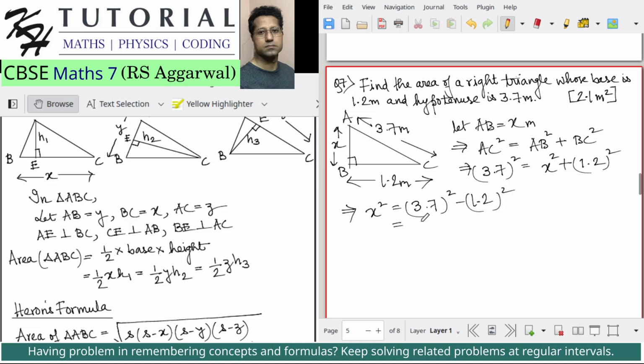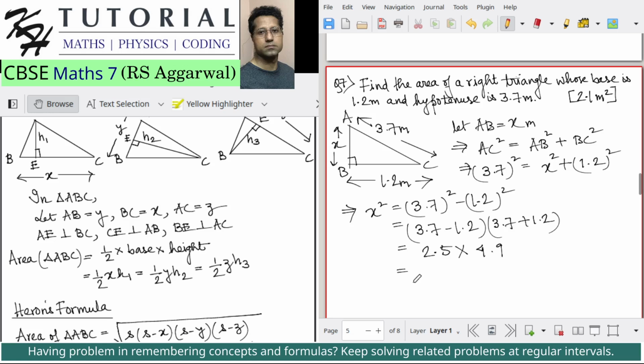So we can use the formula of a square minus b square, which is equal to a minus b into a plus b. So this will be 3.7 minus 1.2 multiplied by 3.7 plus 1.2. This is equal to 3.7 minus 1.2 is 2.5 multiplied by 3.7 plus 1.2 is 4.9.